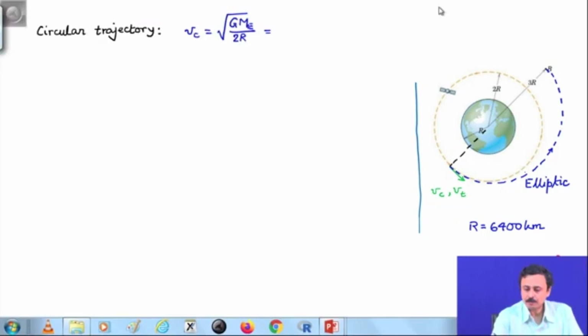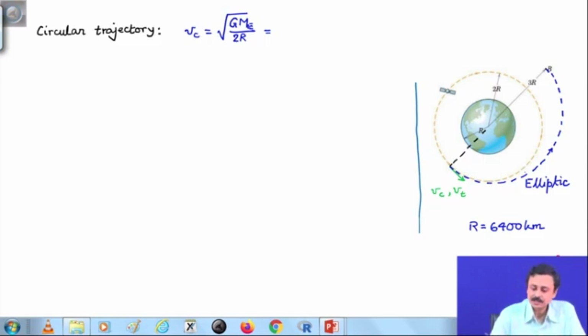So, for the circular path, the orbital speed, this we have derived, is under root G M, the central gravitating mass is earth, therefore, we have to consider capital M as mass of earth. The orbital speed is under root G M e by r, the radius of the circular path, which in this case is 2 times the radius of the earth.